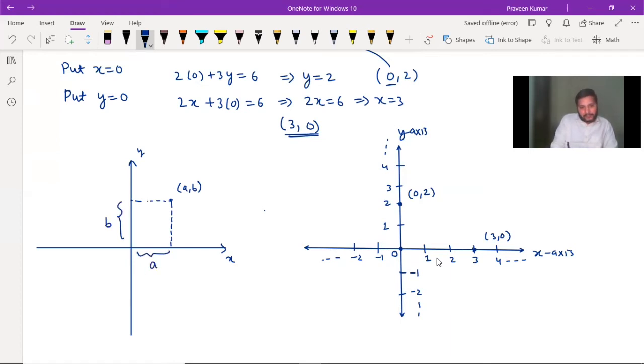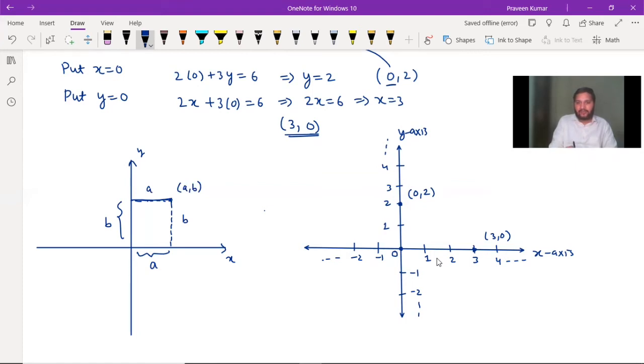So we are at a length of a units away from the y-axis, and at a length of b units away from the x-axis.